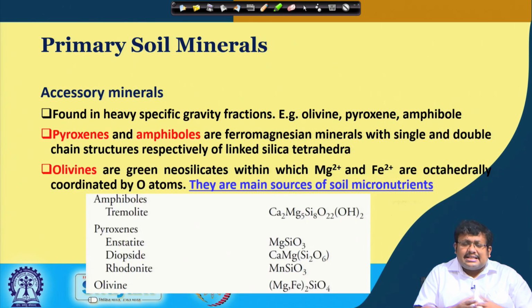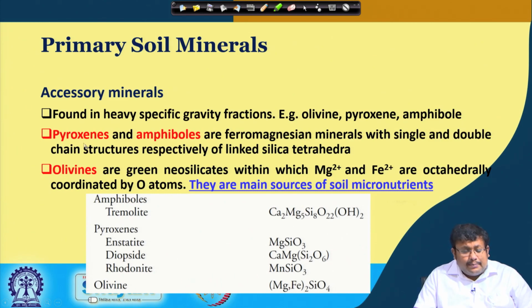Now, there are some other accessory minerals also which are found in heavy specific gravity fractions. Some examples are olivine, pyroxenes and amphiboles. You can see that pyroxene and amphiboles are ferromagnesian minerals, that means they contain iron and magnesium with single and double chain structure respectively of linked silica tetrahedra.